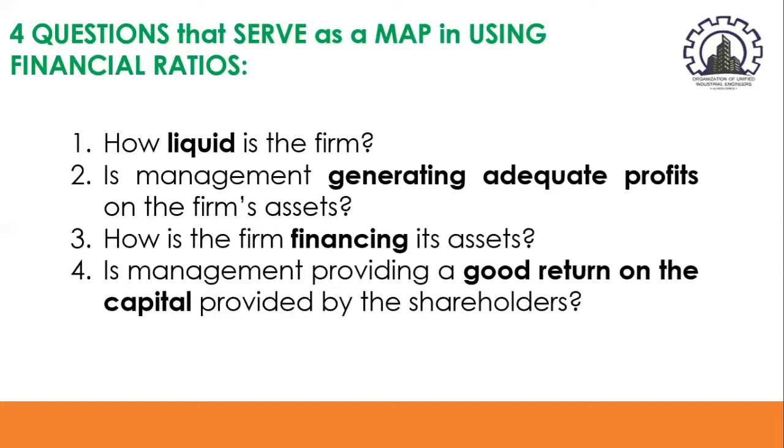Now, in answering this question, we have several choices about how we measure profits. It's either gross profits, operating profits, or net income. If we say gross profits, this would not be an acceptable choice because it does not include some important information, such as the cost of marketing and distributing the firm's product.